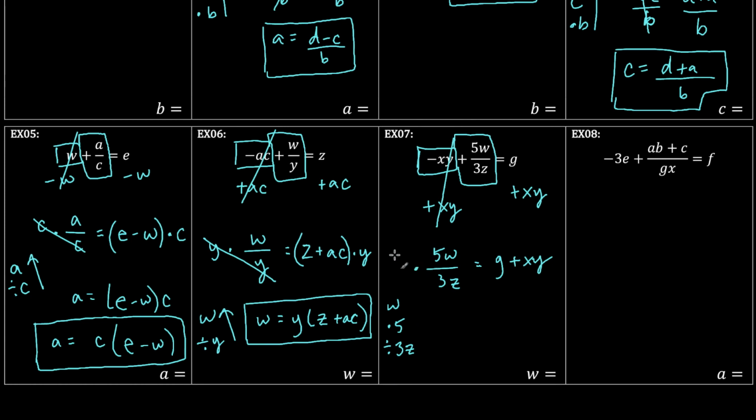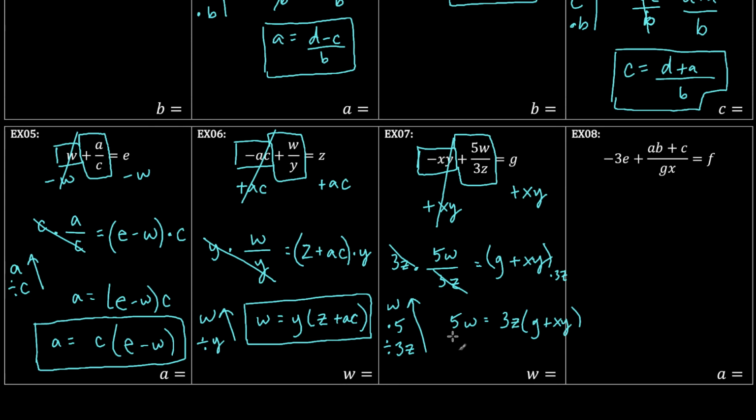So I will multiply by 3z because I am using inverse operations. Now remember, this is times 3z, so I need to put this whole thing in parentheses. So 5w equals 3z times g plus xy.